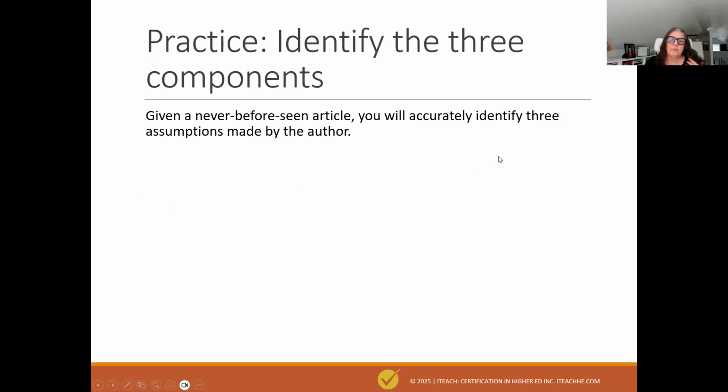So here's the first one. Given a never before seen article, you will accurately identify 3 assumptions made by the author. First, you want to identify what's your condition. What's the condition noted in that?